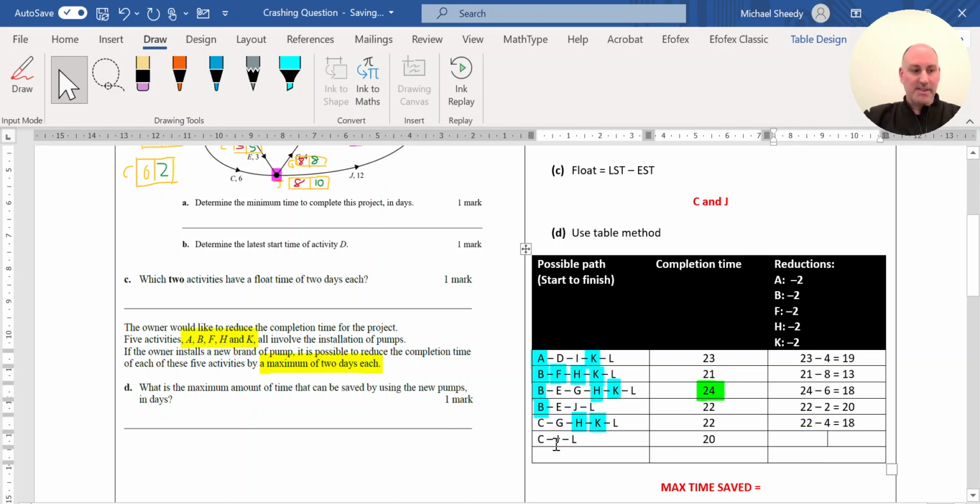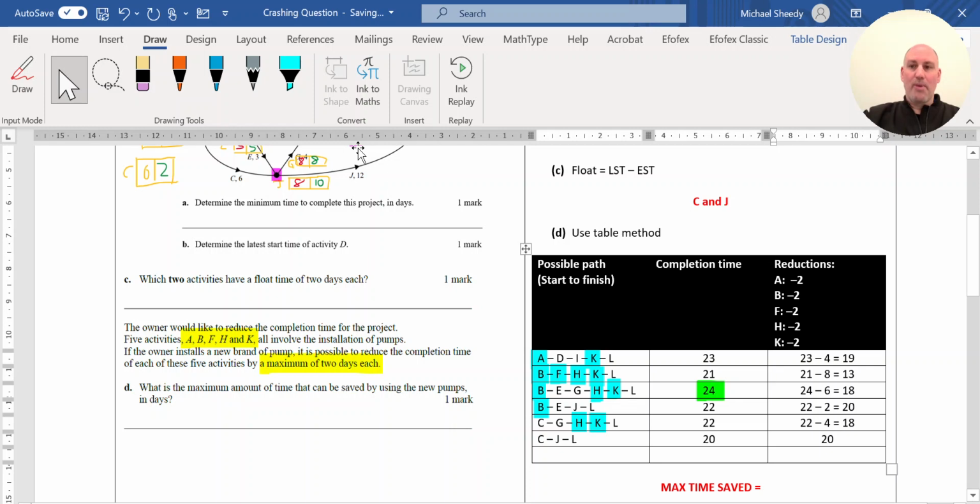And then finally my 6th path here, C, J, L. C is not an activity I can reduce, J is not, and L is not. So no reduction time can happen here, so that path will stay as 20.